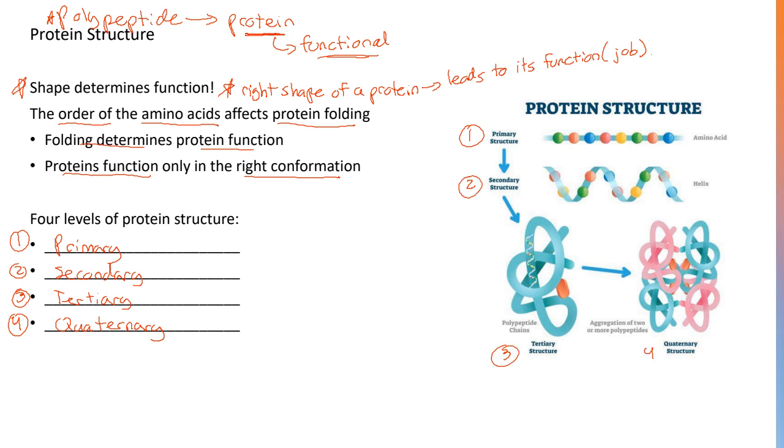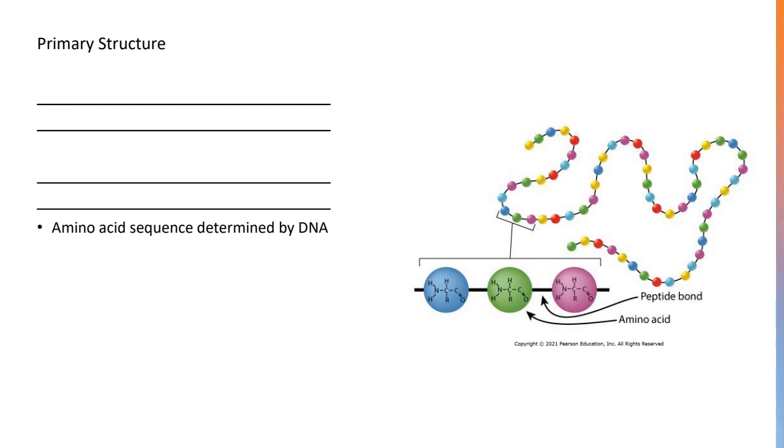So let's talk really quick about the primary structure. The primary structure of a protein is nothing but the sequence of amino acids in a polypeptide chain.